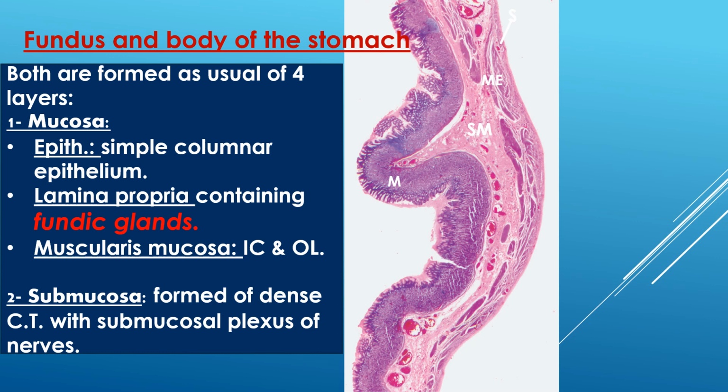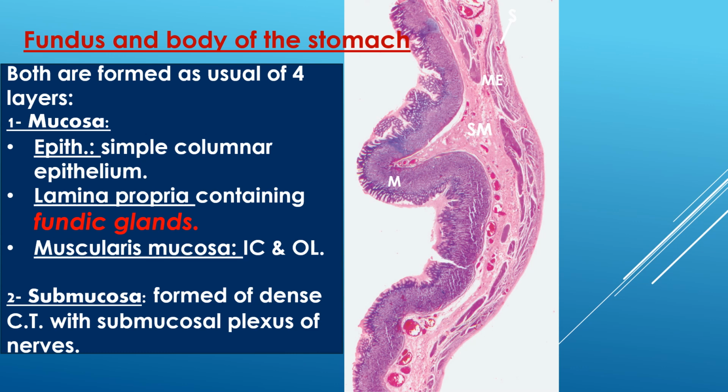Let's talk about the mucosa. What do you know about the mucosa? Yes, it is formed of three layers. They are epithelium, which here is simple columnar epithelium because it is secretory. Secrete what? Secrete HCl and digestive enzyme.